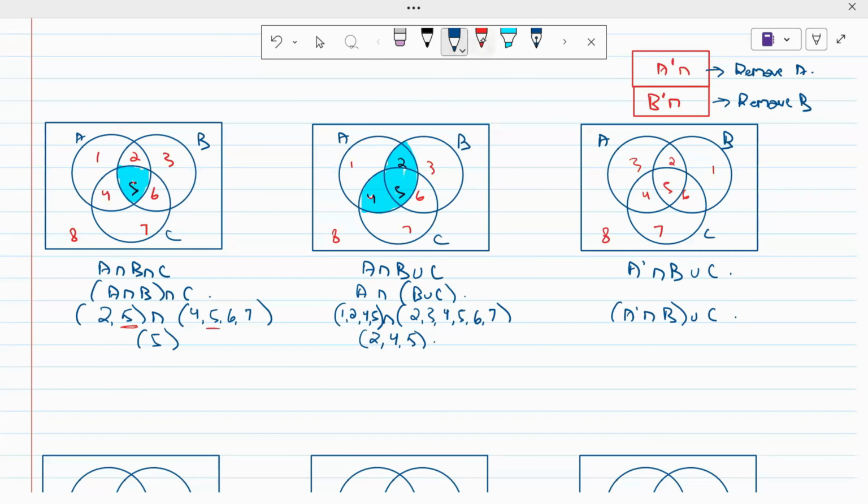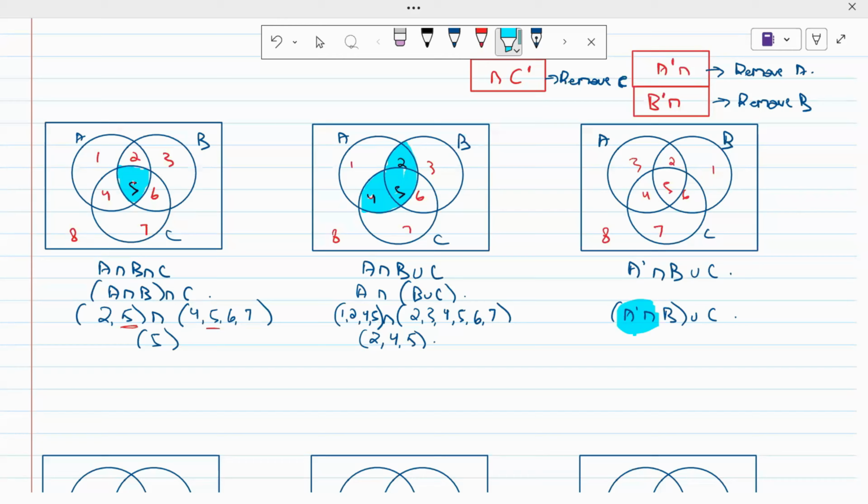For example, if it says intersection C complement, then intersection C complement means remove C. So I'm focusing on A complement intersection B. A complement intersection means remove A from B.